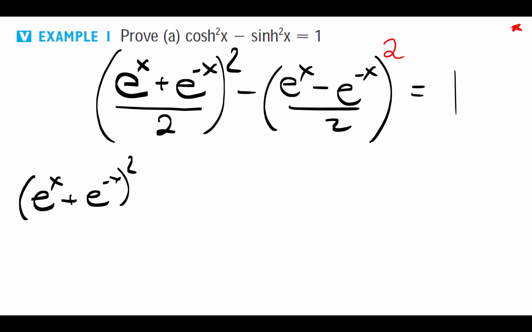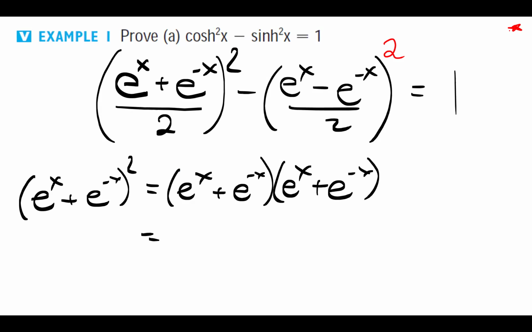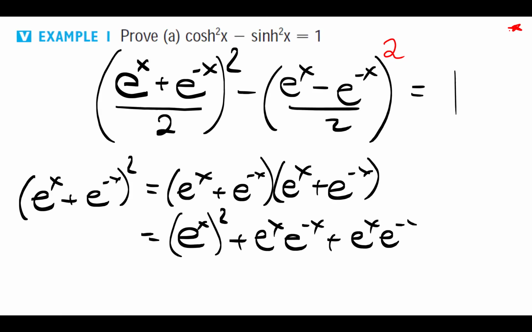If we FOIL this out, we have this times another one of these. So e to the x times e to the x makes e to the x squared, plus this times that, which we'll see something very interesting with, plus this times this. Everybody agree there? And at the end, there'll be one of these being squared. There's your expanded form.